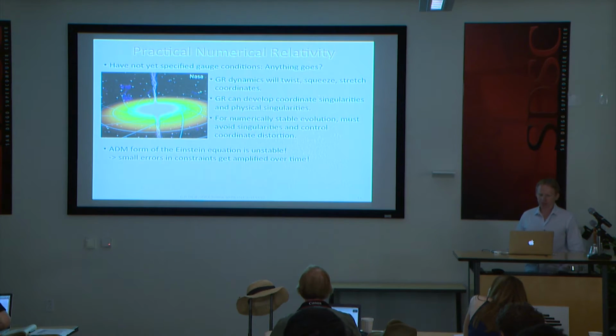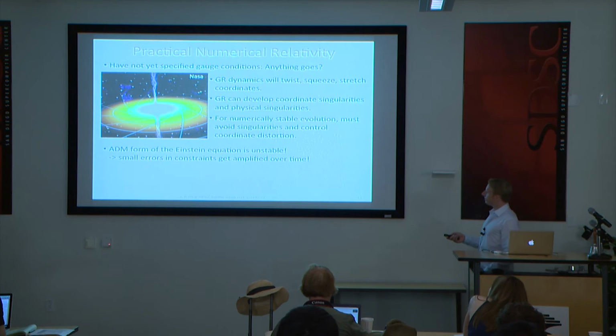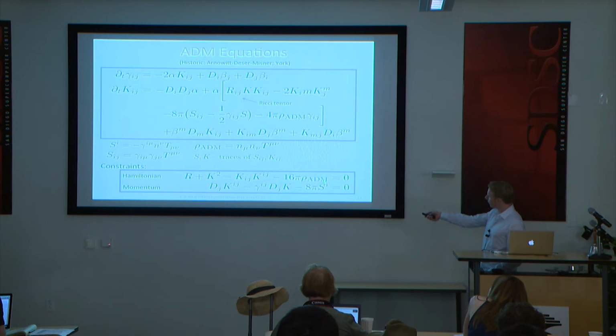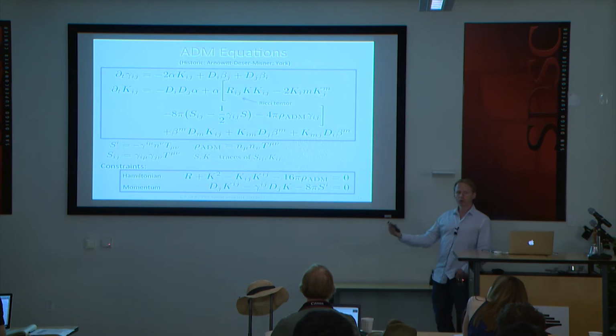We need to do something else, and this is what took numerical relativity, this field, about 30 years to figure out. One needs to use different formulations, and this was mainly done by trial and error, because what you can do, right, because these constraint equations have zeros on this side, you can arbitrarily add parts of these constraints to these evolution equations and change the nature of the evolution system by just having more terms in there.